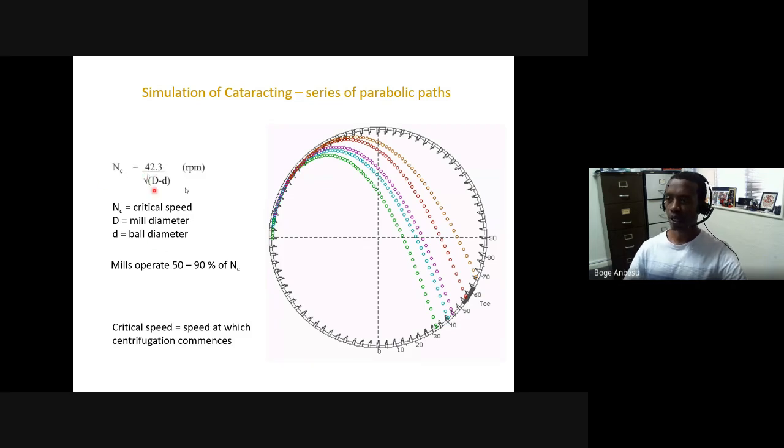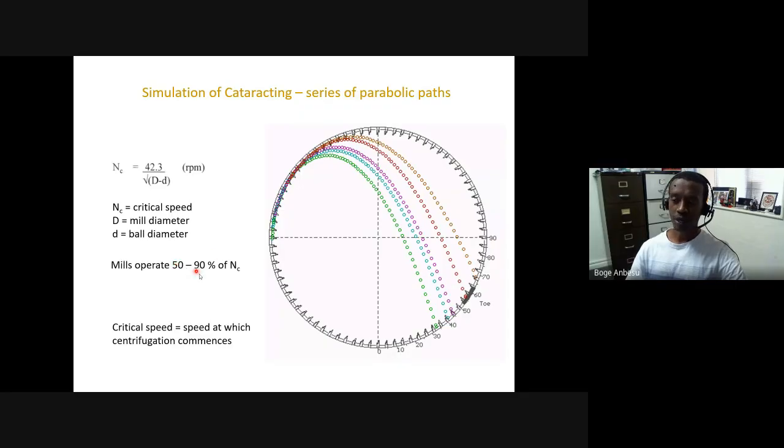So critical speed can be calculated based on mill diameter and ball or media diameter. And usually it's better to work as a percentage of that, so between 50 and 90% of the critical speed. Okay, so why do we have such a large range? Usually rod mills work at the lower end of the critical speed.